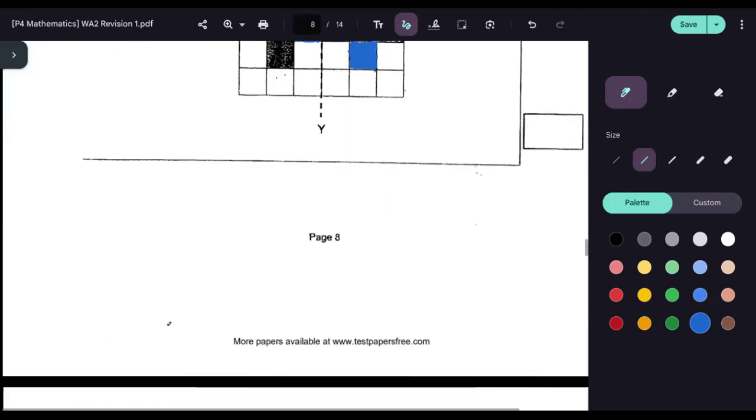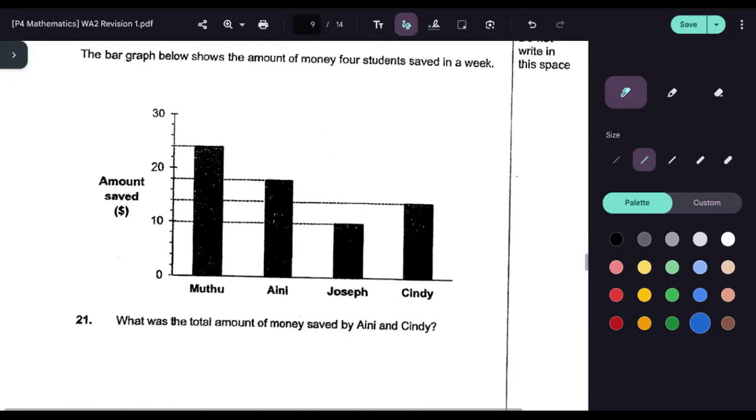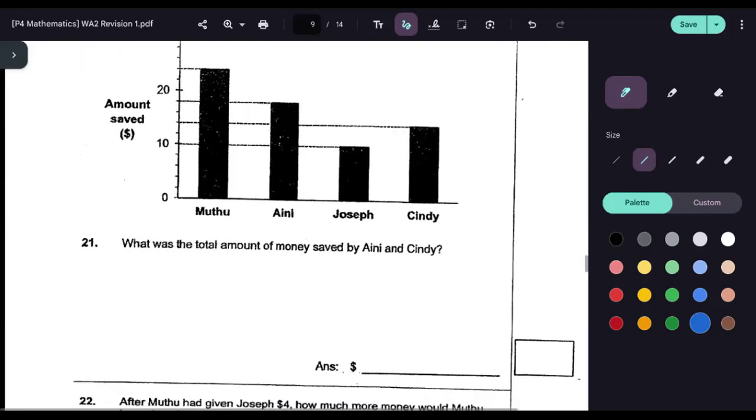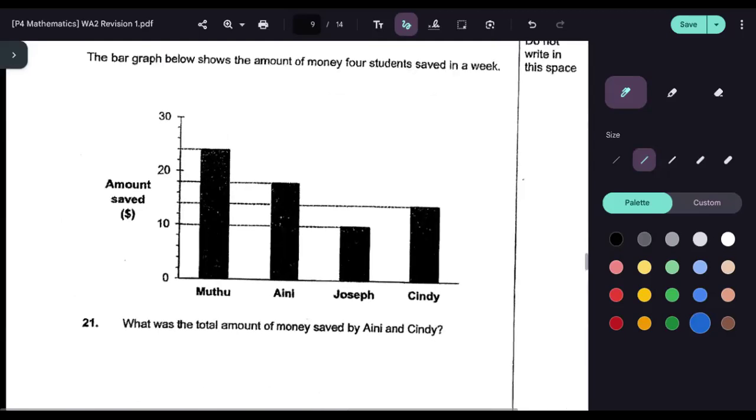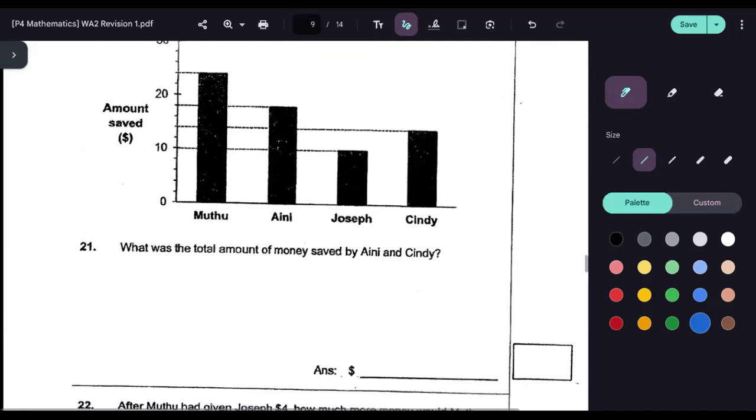Okay, great. Now let's go on to the next one. Use the bar graph below to answer questions 21 and 22. Okay, so 21. What is the total amount of money saved by Aini and Cindy? Okay, Aini is, I'm not sure whether I can read this.